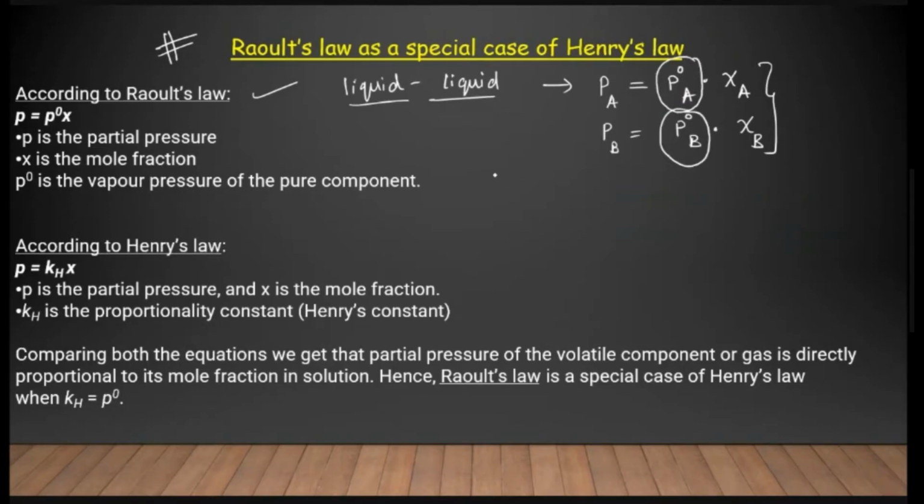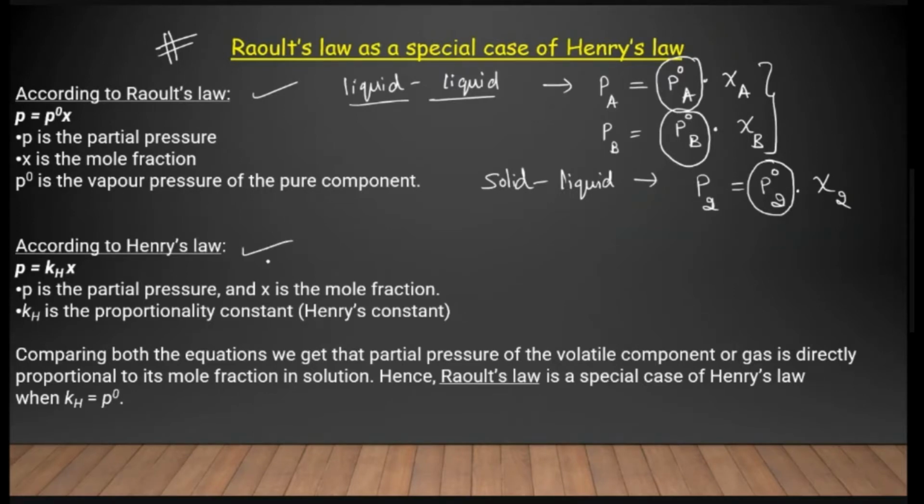Similarly, for the solid liquid type of solution, again from Raoult's law the equation is P2 is equal to P naught 2 into X2. Here also the pure solvent, which is volatile in nature, has a vapor pressure that is going to be constant. It will not change.